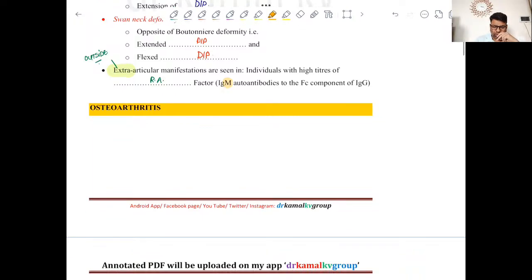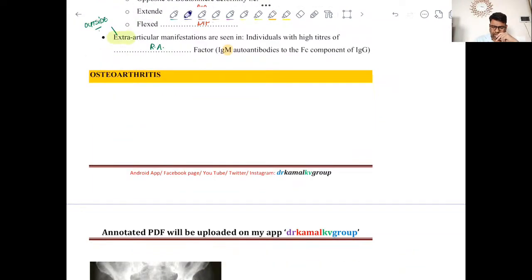Then we move on to osteoarthritis, and again the word arthritis is wrong here because there is no inflammation as such. This is simply a degenerative condition, and the cartilage covering the articular ends degrades, right?